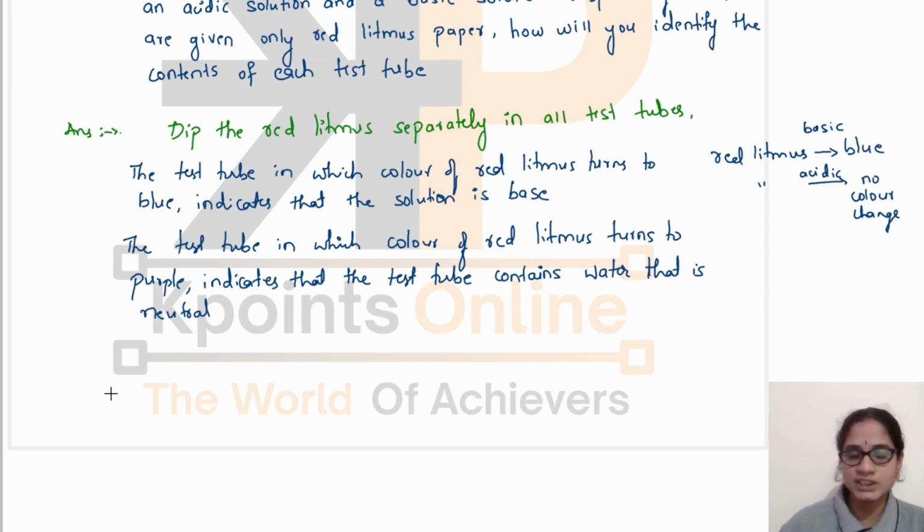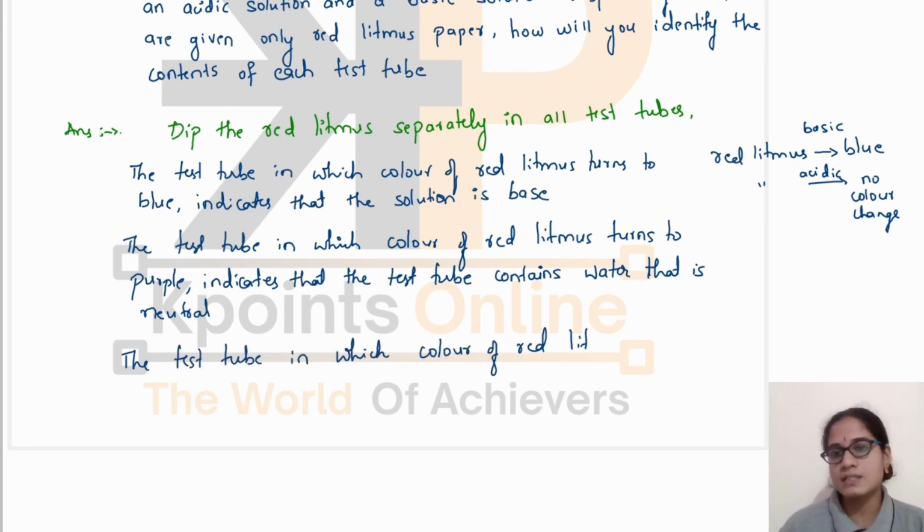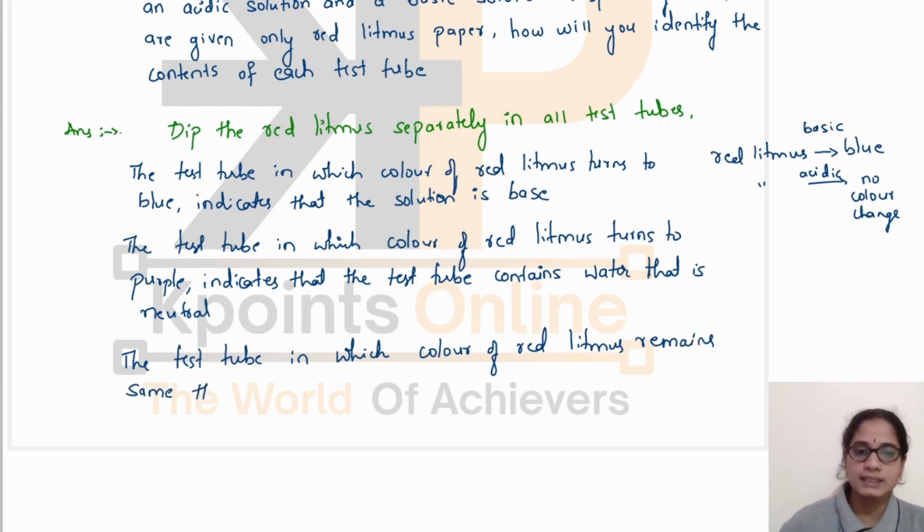How does the color change occur there? The test tube in which the color of red litmus remains the same, the solution is acidic. This is how we understand the color change and identify the substance as acid or base.